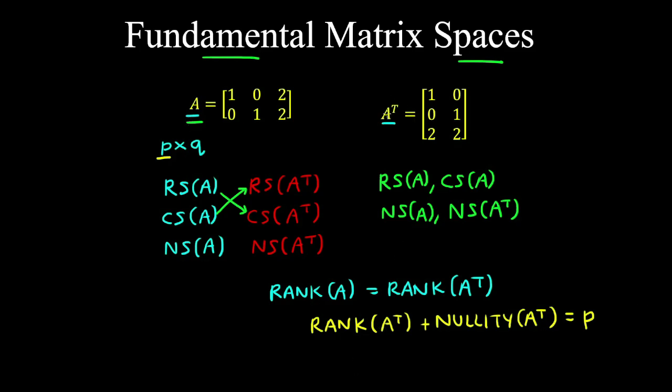So let's verify this for the transpose. So if we augment this matrix with the 0 vector and subtract 2 times row 1 from row 3 and 2 times row 2 from row 3, we get zeros in the final row.